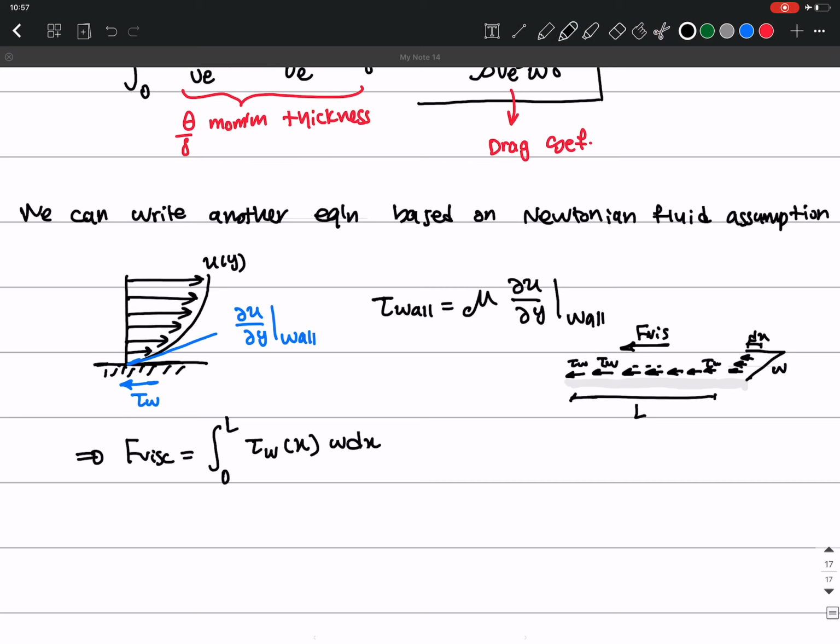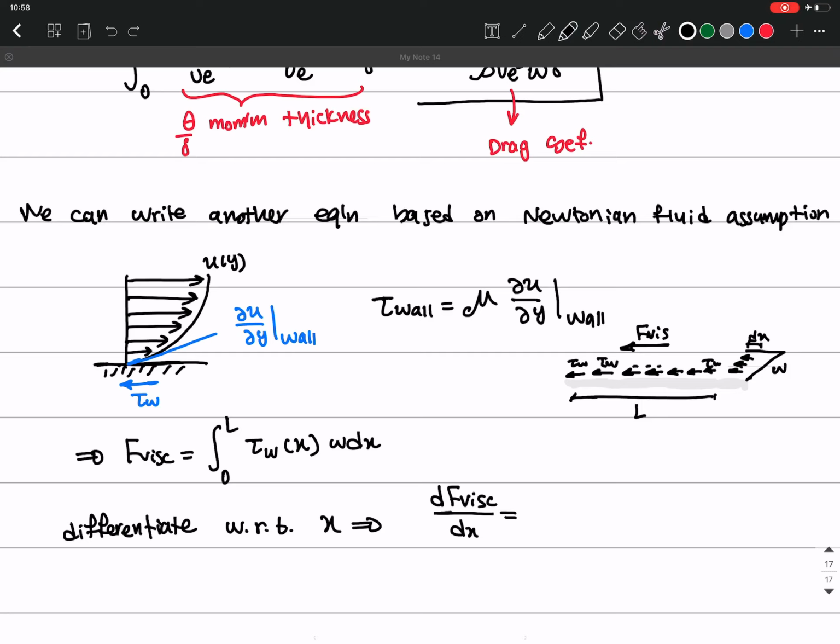So now we can differentiate this with respect to x. And what we get is this, dF viscosity over dx. And if you integrate this over x, it's just the definition of an integral.